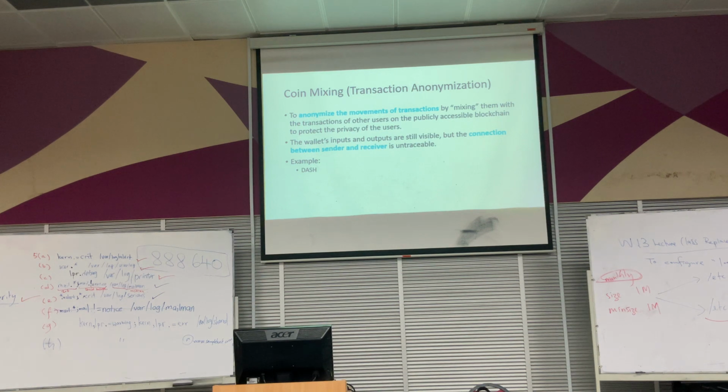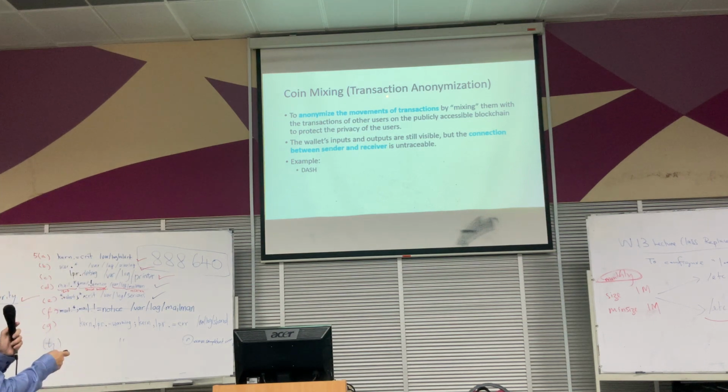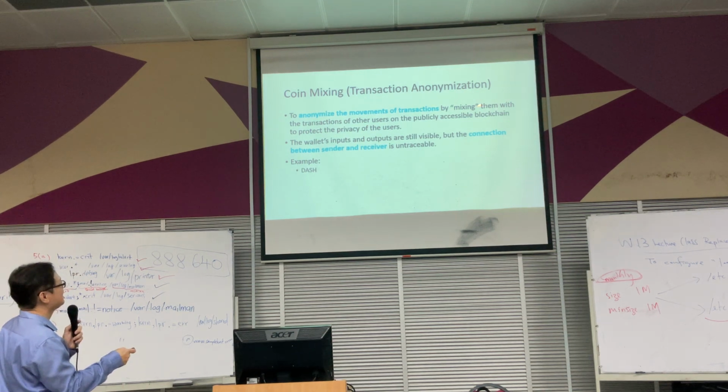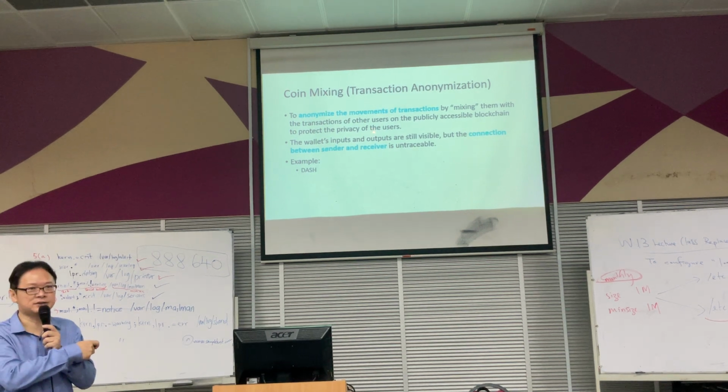If I don't want to make it so obvious, I can actually do transaction anonymization. So I mix a lot of transactions together with other users' transactions on the publicly accessible blockchain. This is the mix. This is used in the cryptocurrency called Dash.